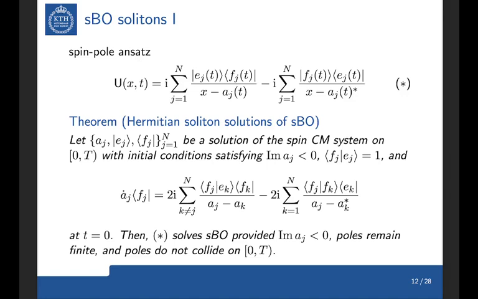If these initial conditions are satisfied, then our pole ansatz with the parameters solving the spin-CM system solves the spin-Benjamin-Ono equation, provided that the imaginary parts of the poles remain negative, the poles do not tend to infinity, and the poles do not collide on the interval in question.